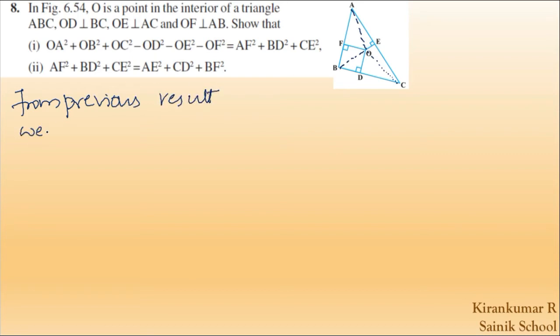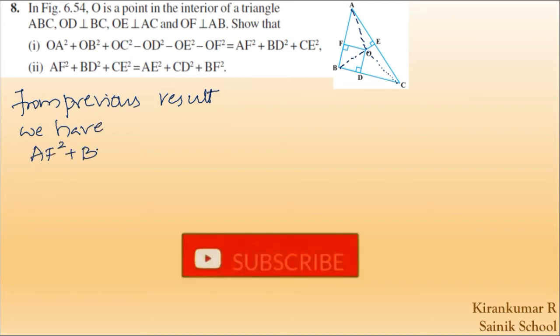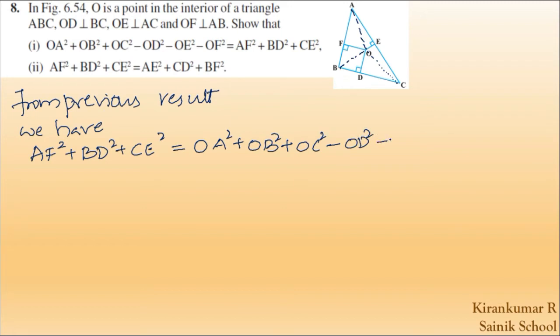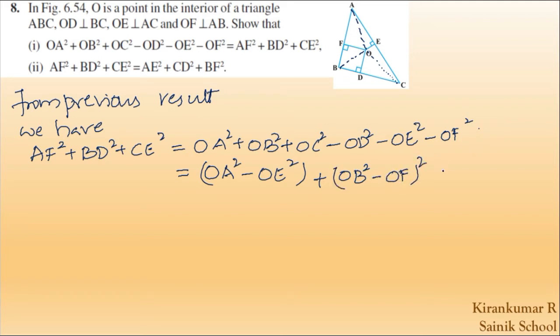We have AF square plus BD square plus CE square as OA square plus OB square plus OC square minus OD square minus OE square minus OF square. Let me rearrange and group them as OA square minus OE square plus OB square minus OF square plus OC square minus OD square.